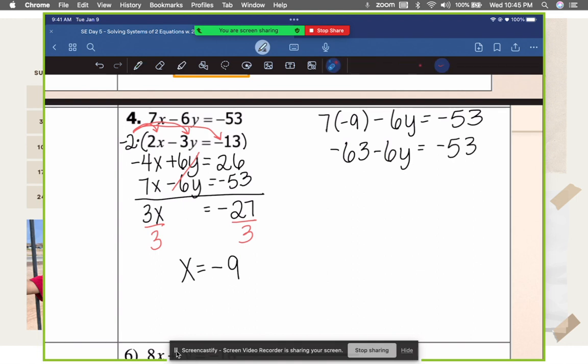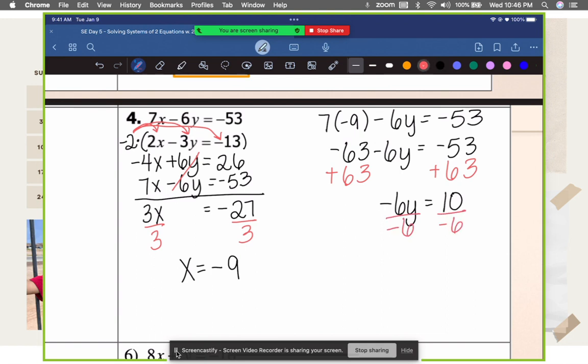I'm going to add 63 on both sides. It's going to leave me with 10. And then I'm going to divide by negative 6 on both sides.